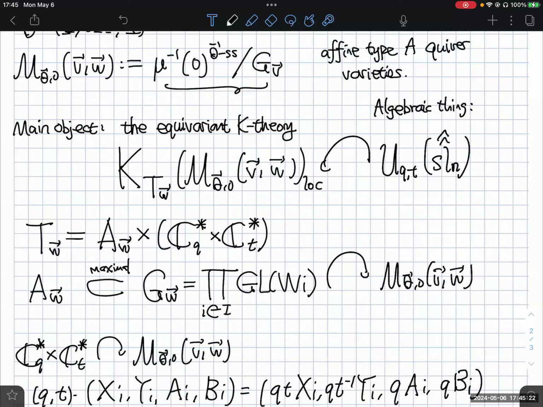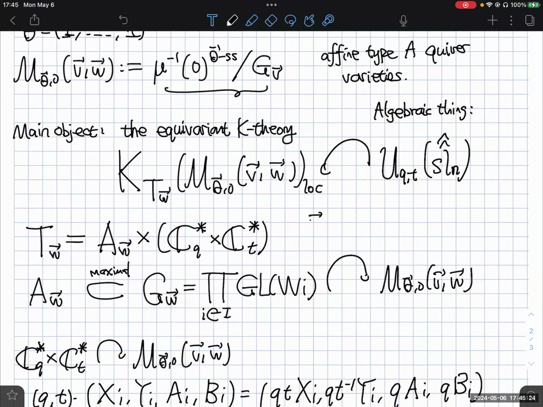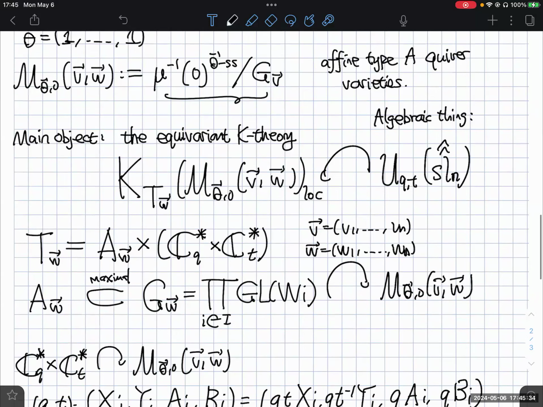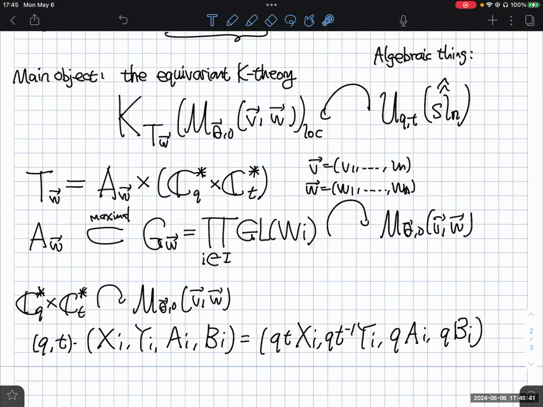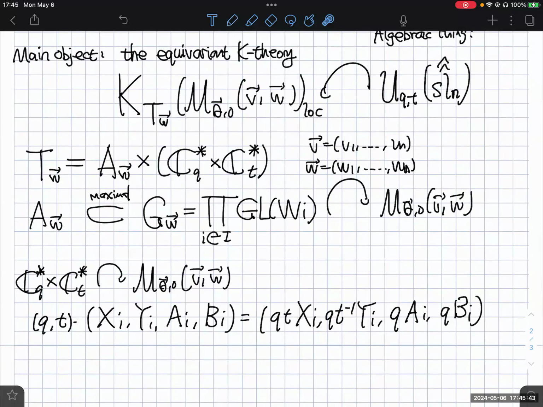We're going to introduce this quantum toroidal algebra later, but first we're going to give some introduction about the fixed points of this torus action on these quiver varieties.